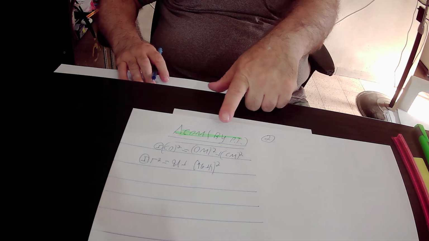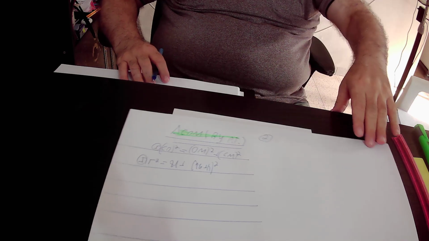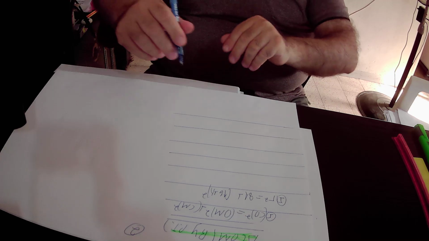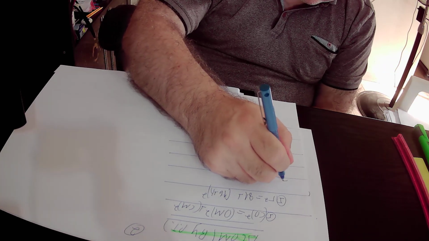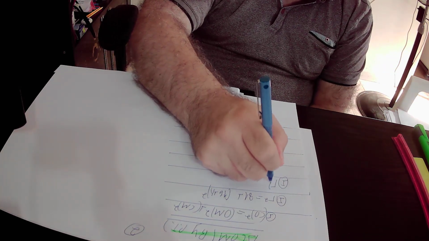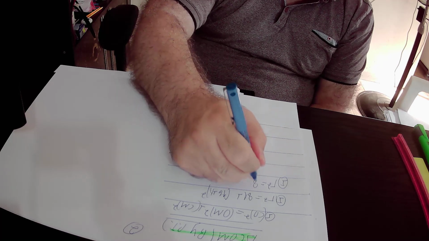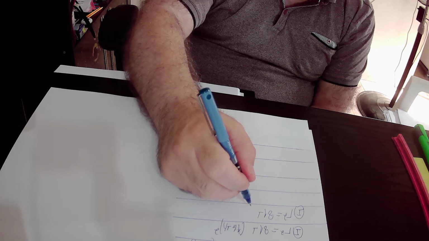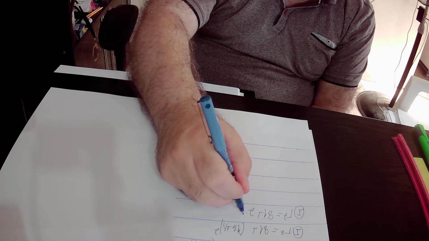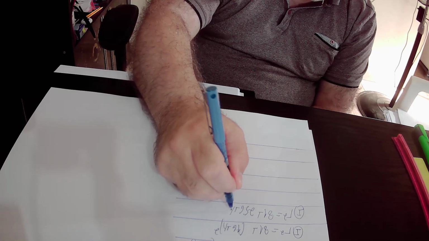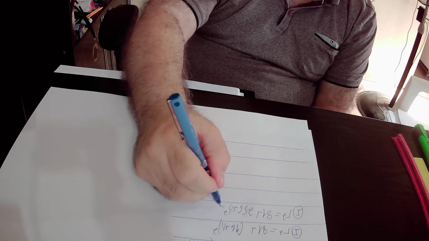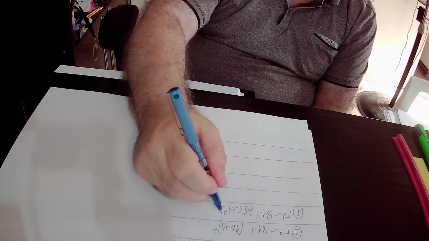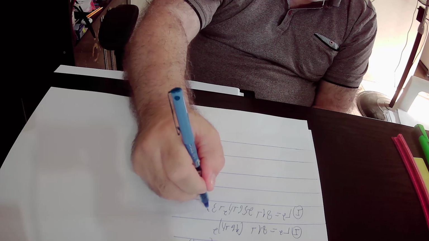Here we will open the brackets on this side of equation number 1, and we will get that R squared equals 81 plus (16 plus h) squared, which is 16 squared, that is 256, plus h squared plus 2 times 16, that is 32, times h, which is 32h.